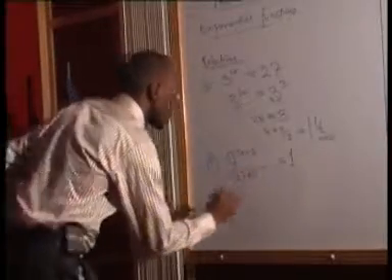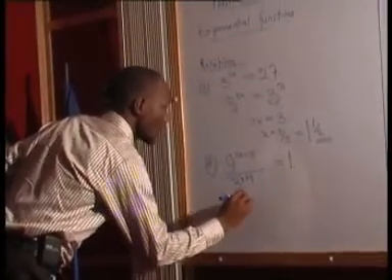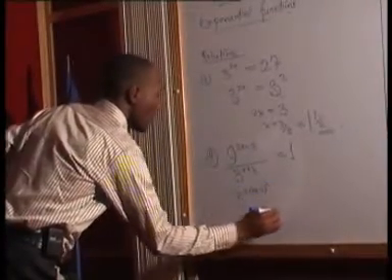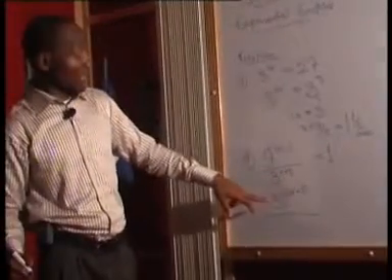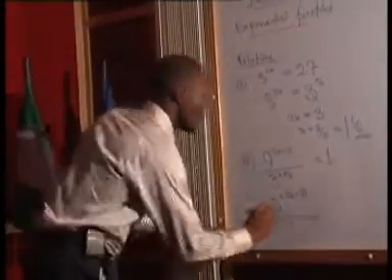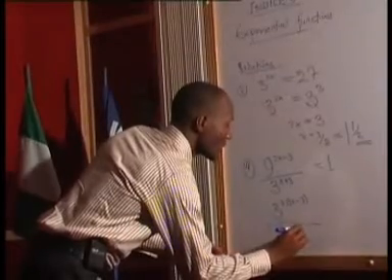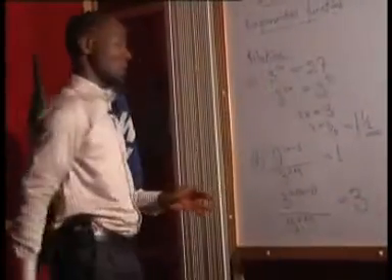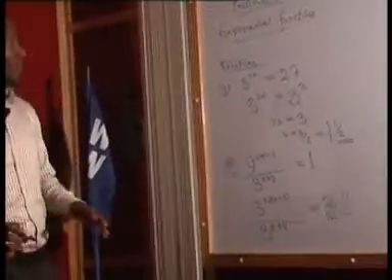If I rewrite it this way, that 9 is 3 squared, then you have the denominator, 3 raised to the power x plus 3 equals to 1. Are we still alright?